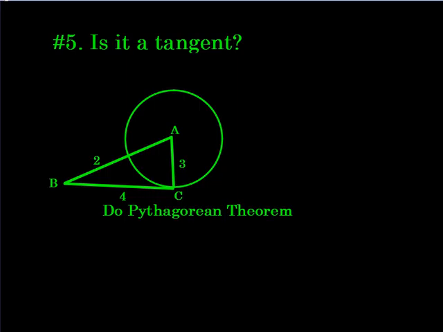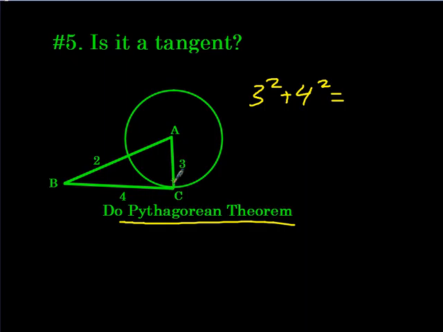And then finally, we have these questions of, is it tangent? Typically, we had a triangle here, and we would ask, is BC tangent to the circle with center A? One thing we want to do here is use the Pythagorean theorem. So we're going to say 3 squared plus 4 squared equals, but what's this whole side?